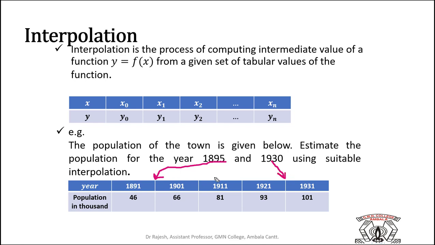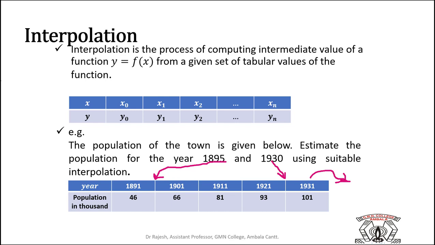So this is the interpolation from the beginning of the data, and this is interpolation from the end of the data. Likewise, it is in between the values, not outside. If we are required to find the value outside of it, then it will be called extrapolation. Instead of interpolation, it will be extrapolation.